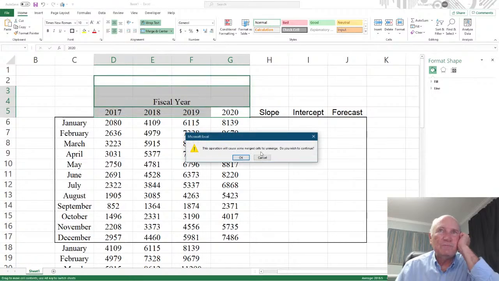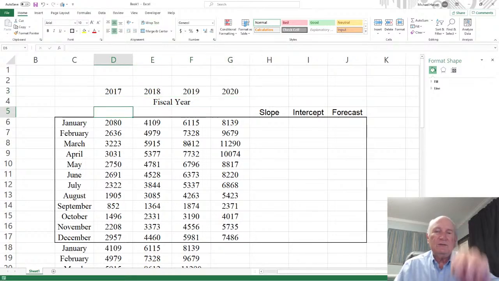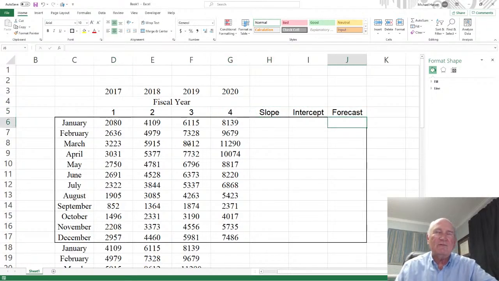Move these up one. There we go. Move these up. This is 1, 2, 3, 4 to simplify. We want the forecast for 5. We could just do it this way.